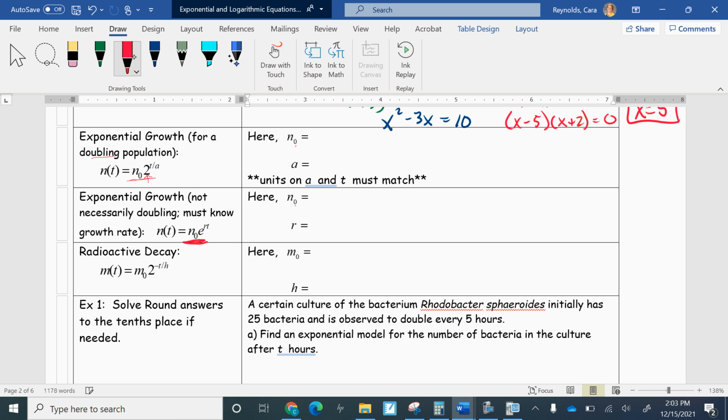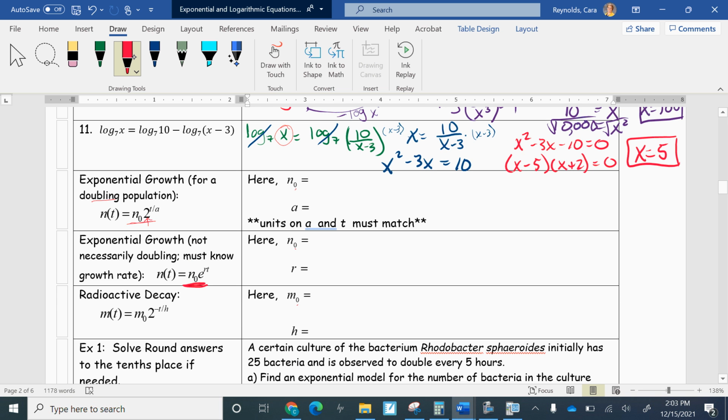All right. Anytime you see a sub-zero on anything, it's your initial amount. So in this particular case, it's the initial size of the population, if we're talking about the population of something. A is your doubling time. How long does it take to double the amount? Your labels on A and T must match.